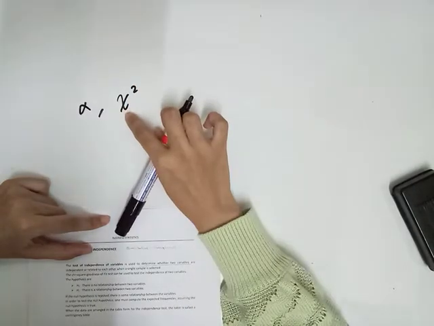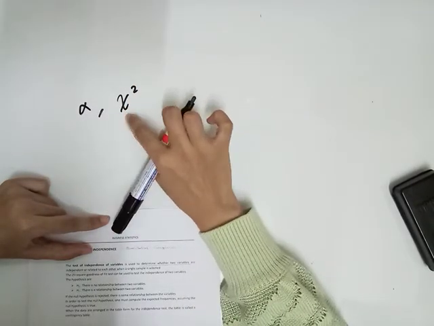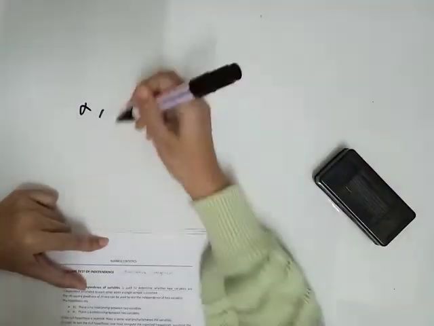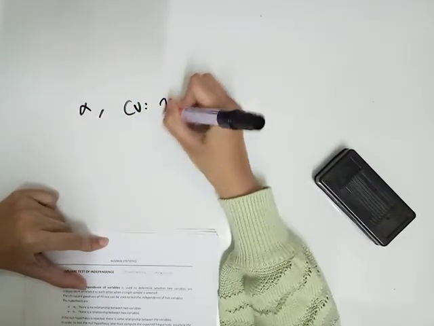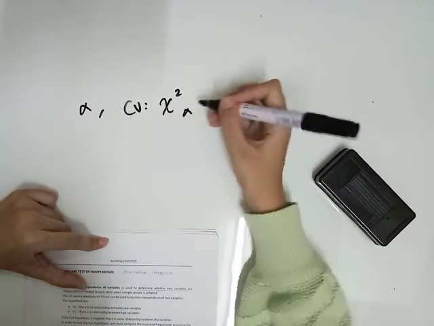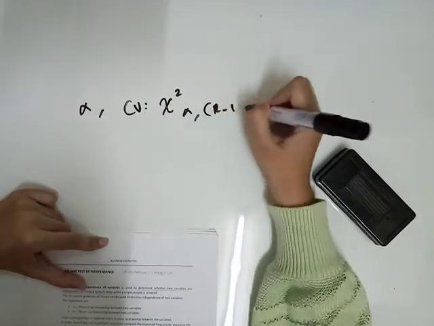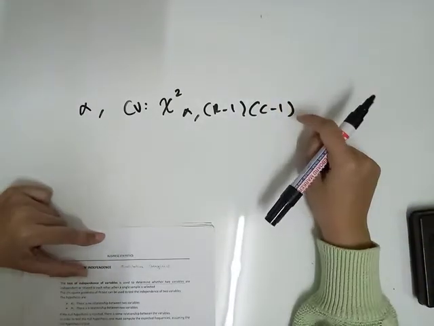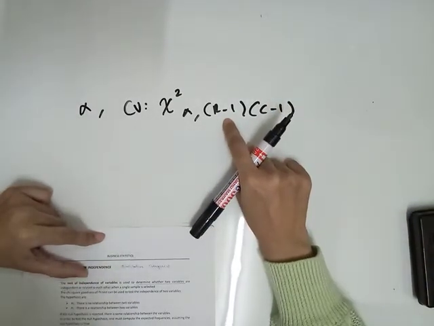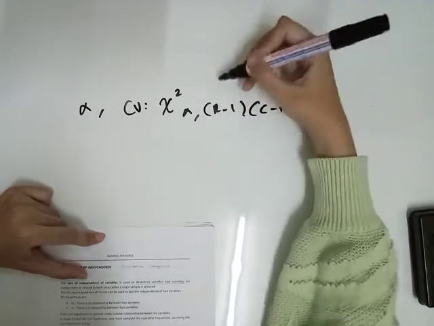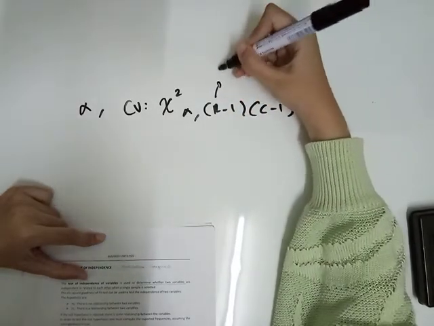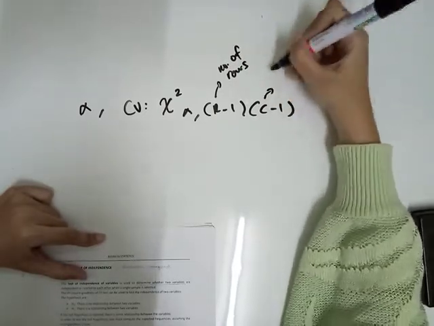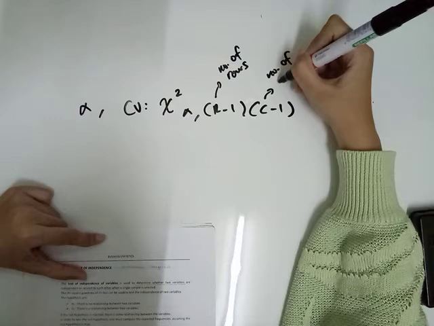So this is the critical value: chi-square alpha, with R minus 1 times C minus 1. R minus 1 is for the number of rows, where R means number of rows. C means number of columns.